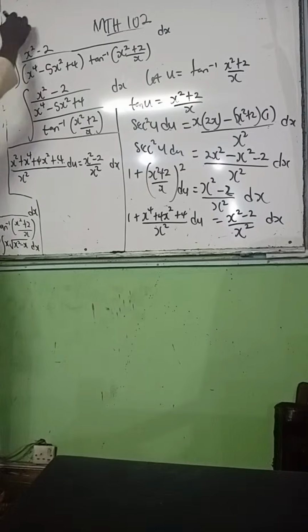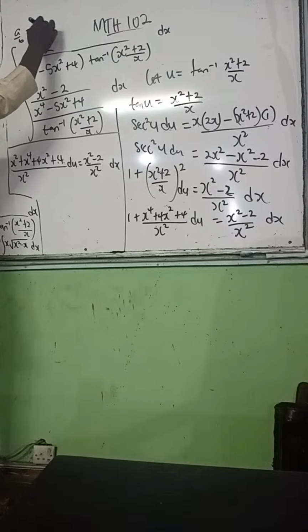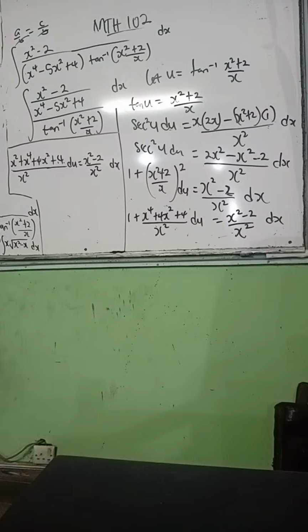If you have A over B equals C over B, then A equals C. That's mathematically correct. Since they are equal, they can go.